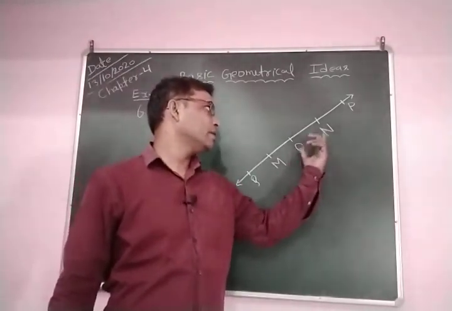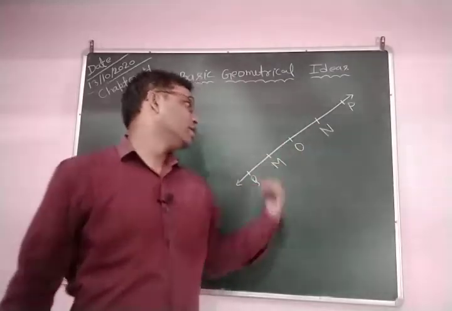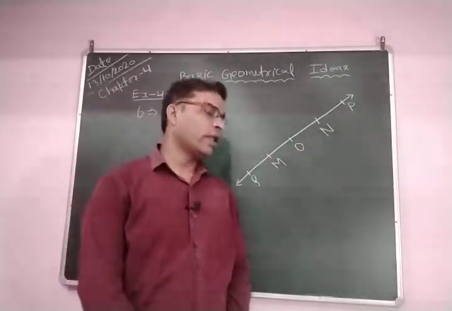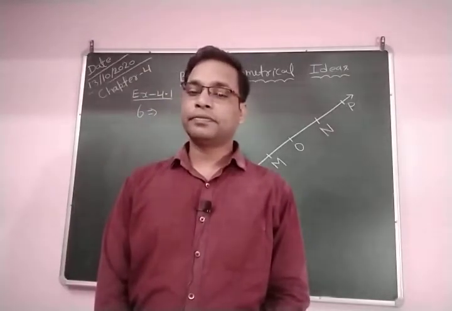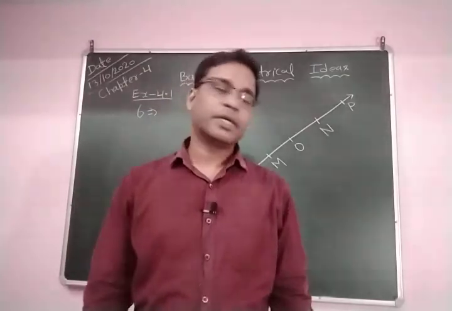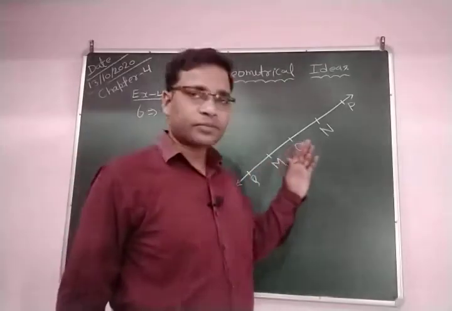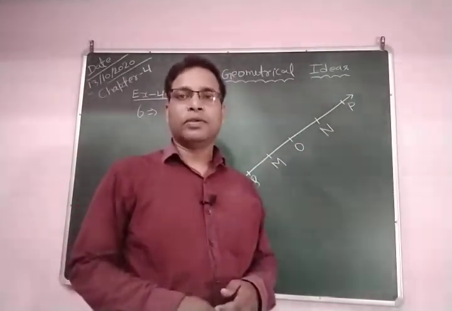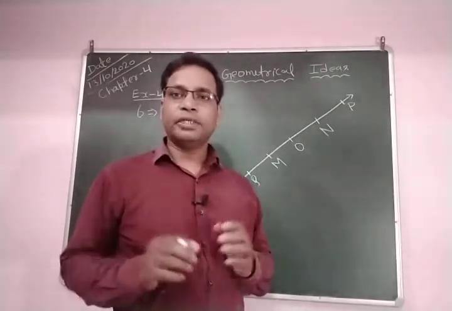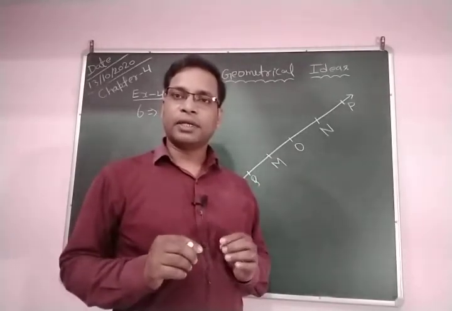Line MN. So P, N, O, M, Q are the points of the line MN. Yes, because this line can be extended in both ways, and you can't measure the length of a line.